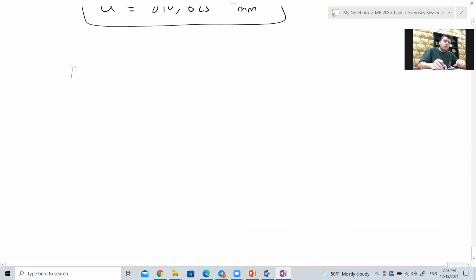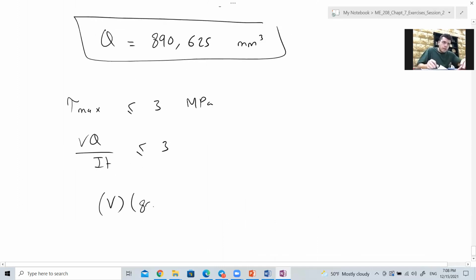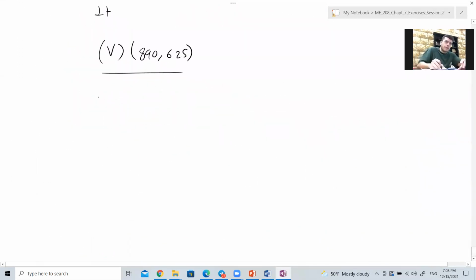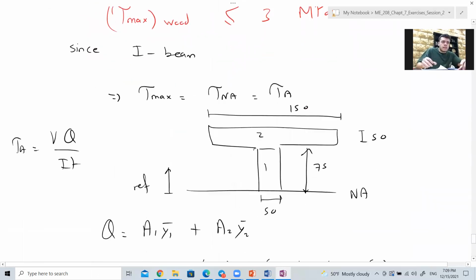So now we can do tau max less than or equal to 3 megapascal. Meaning VQ over IT is less than or equal to 3. We want V. Q is 890,625. I is 167,187,500, with T, the thickness on the neutral axis, which is this 50.